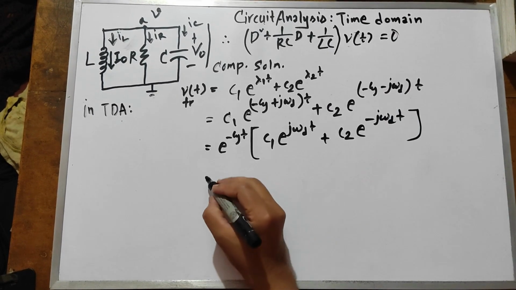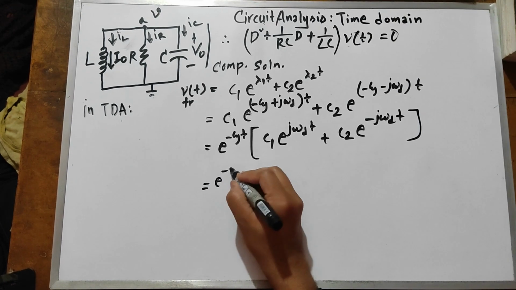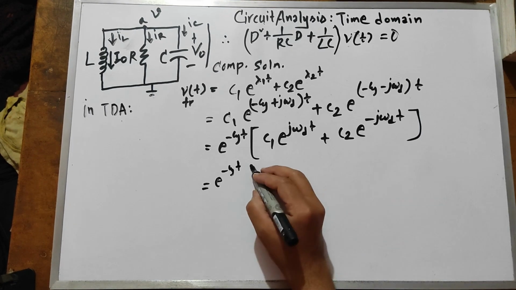So far so good. By Euler's formula we can express this term in terms of sines and cosines.